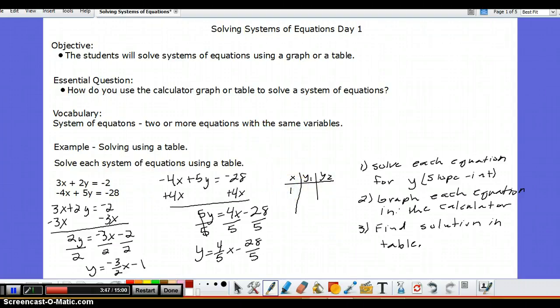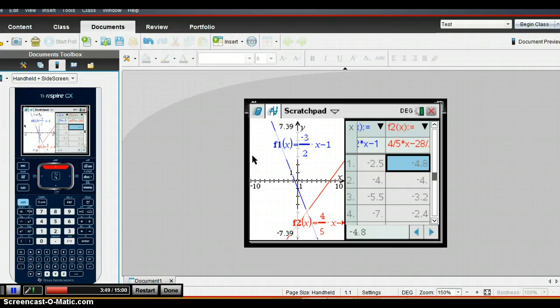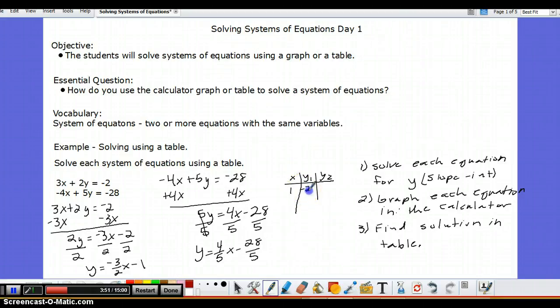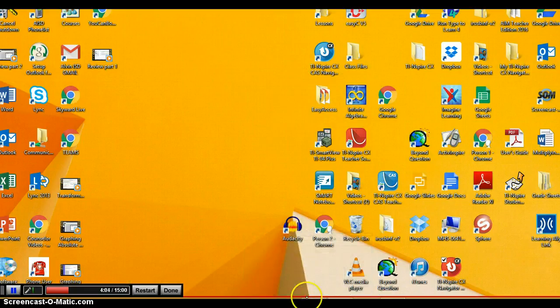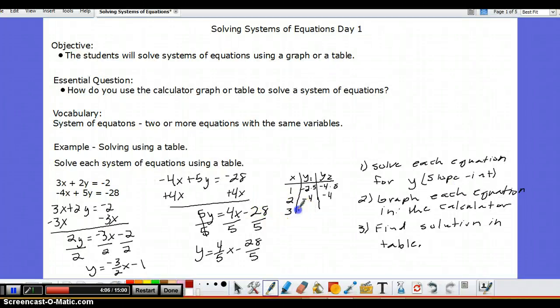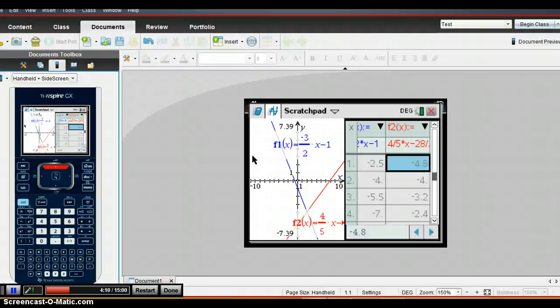So at 1, we had negative 2.5 and negative 4.8. At 2, they were both negative 4. And at 3, we had negative 5.5 and negative 3.2.